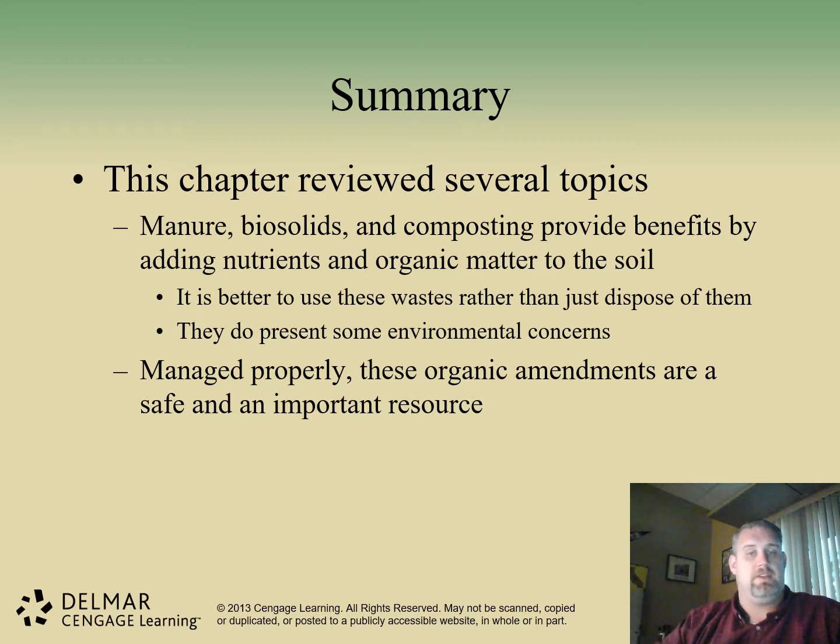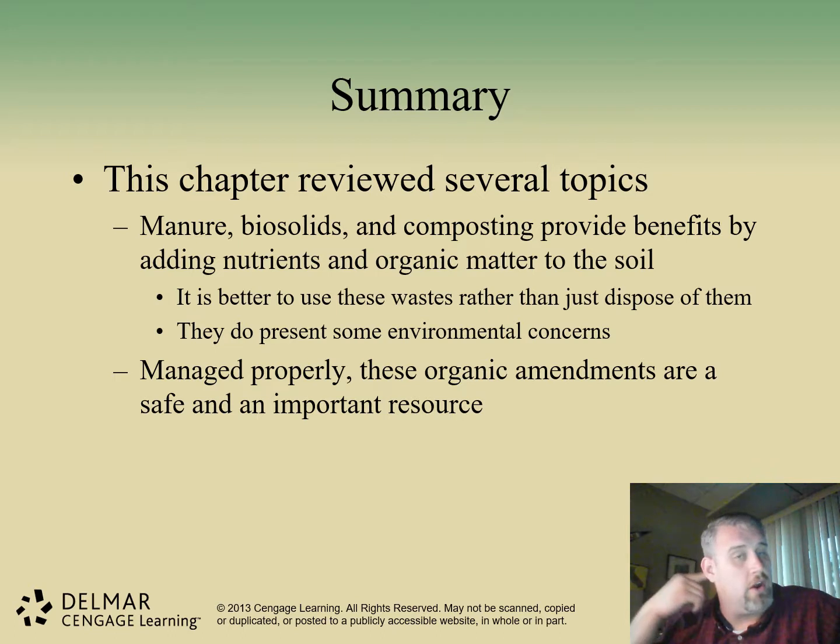So this chapter basically talked about the manure and the biosolids composting, and then adding those in as organic material to help bring that back into the soil profile to increase the amount of healthy biological activity, to increase the health of the soil, and to allow these organic materials to hold on to water within the soil and just generally make the soil stronger and more healthy.